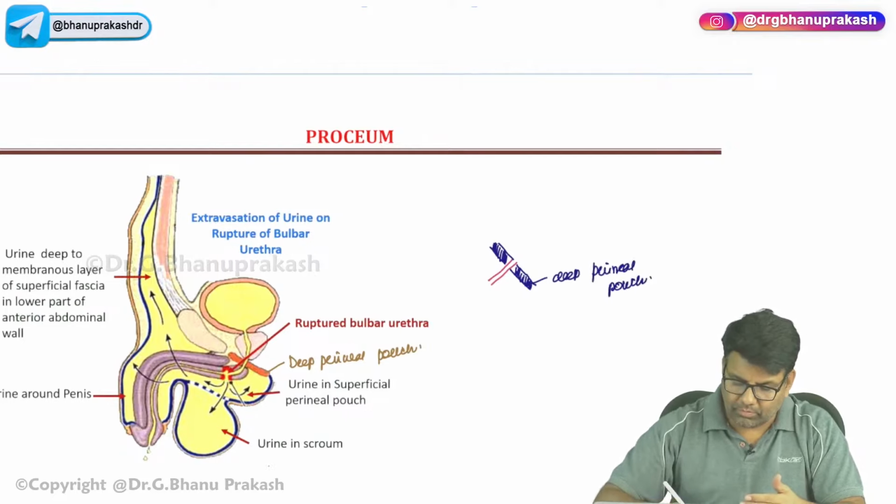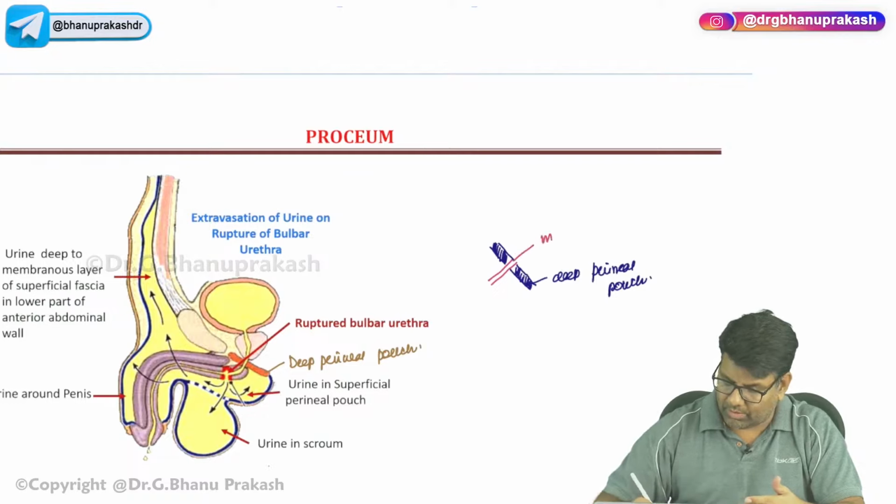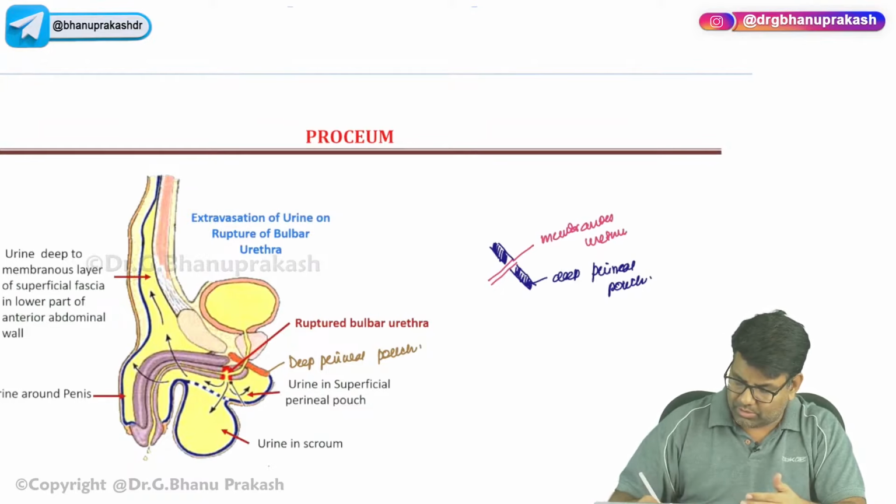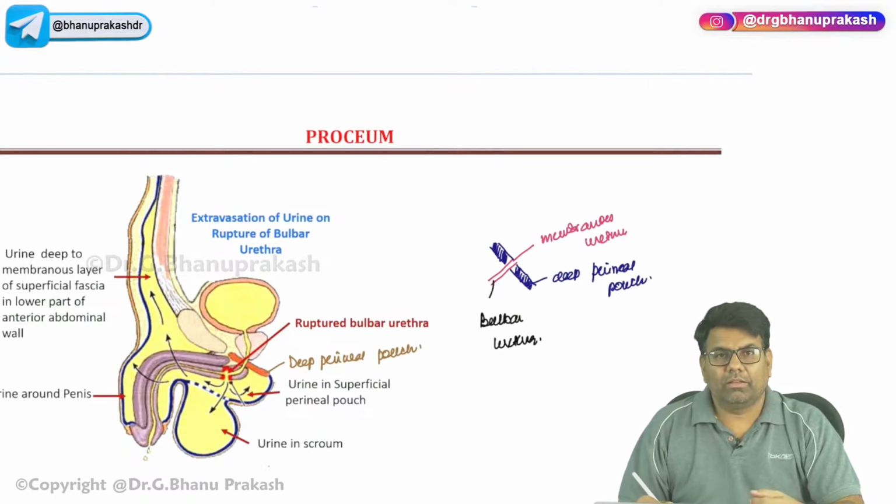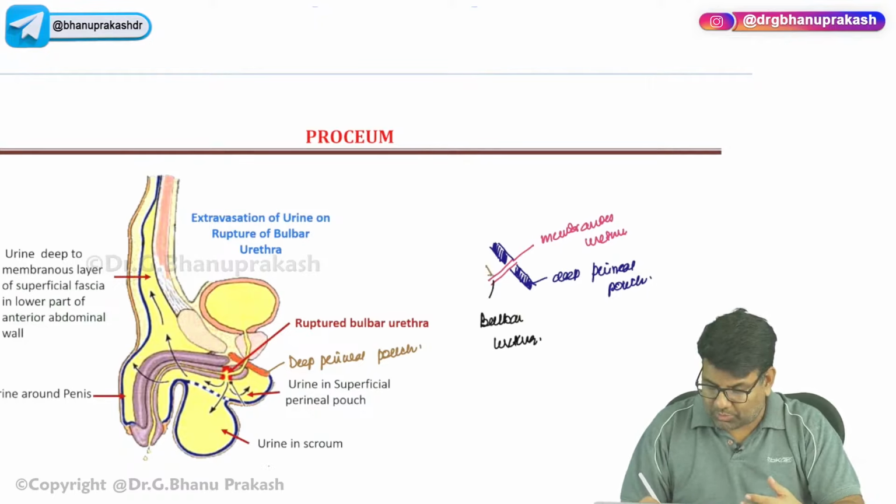Distal to that is the bulbar urethra. This is the bulbar.